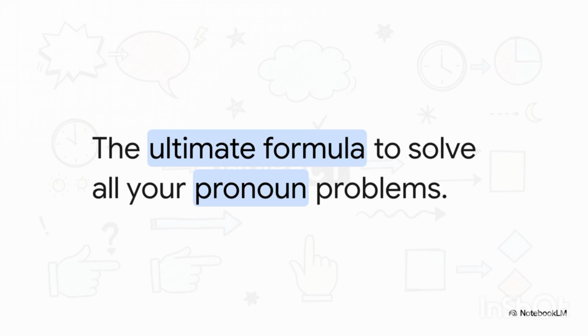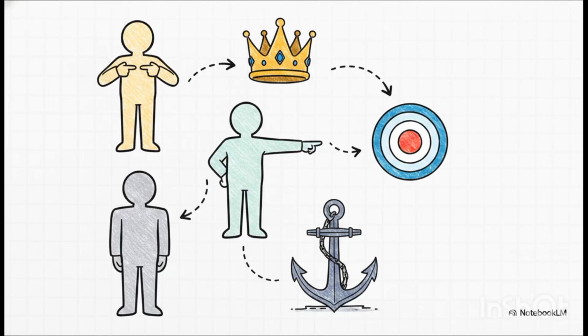The 1-2-3 over SON formula is the ultimate cheat code you will latch onto for your exams. It's elegant, it's simple, and it solves 100% of your pronoun problems. Let's break down exactly how this works.